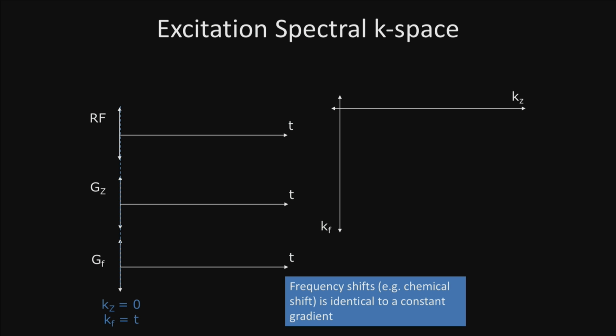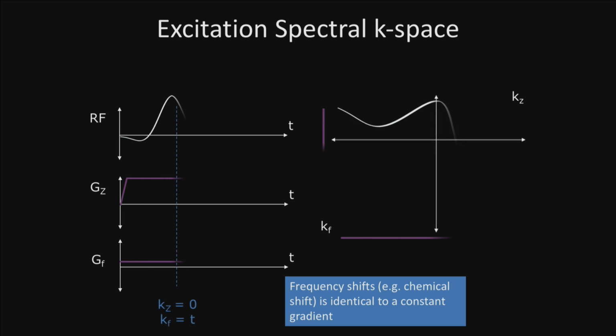This is the everything-all-together picture: spatial k-space, spectral k-space, and RF excitation on top of that. It's a lot to put in there. It might be helpful to look back at this if anything is tricky this time around.